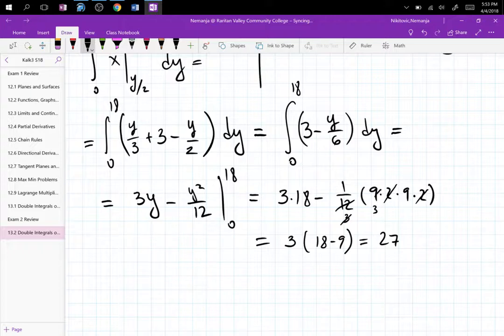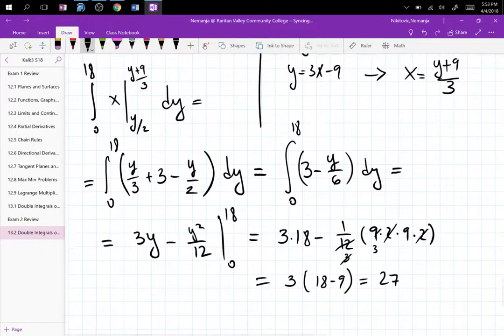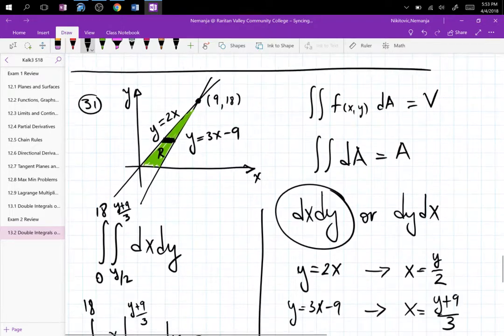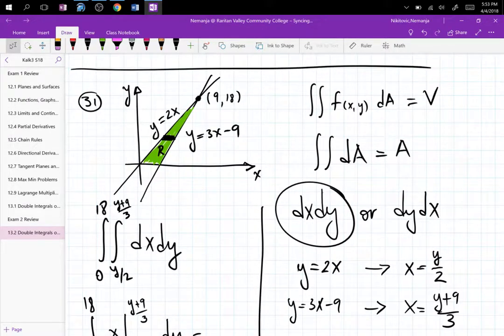So this problem, we have seen that, yeah, this is the first problem that we had to do dx dy. All previous problems were dy dx. The choice was made because on dx dy, because lazy, right?